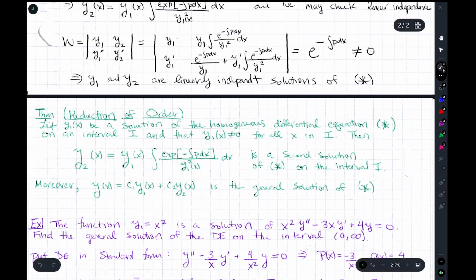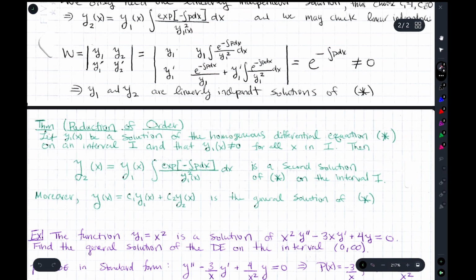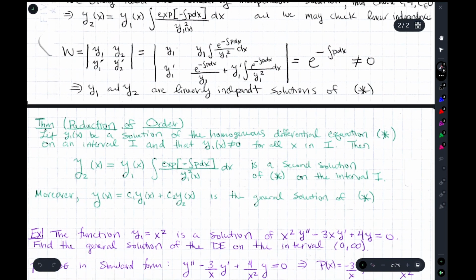So this theorem on the reduction of order: let y1 be a solution of the homogeneous differential equation asterisk that you saw above on an interval I, and that y1 of x does not equal 0.